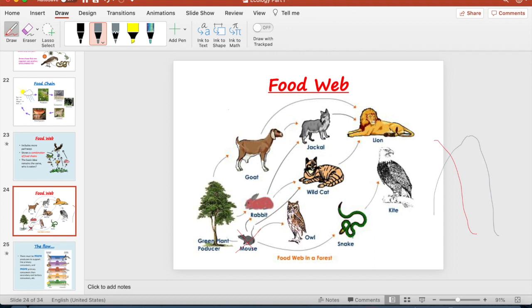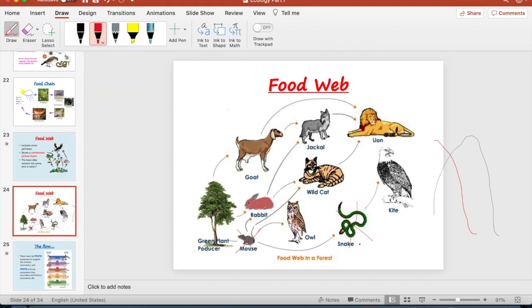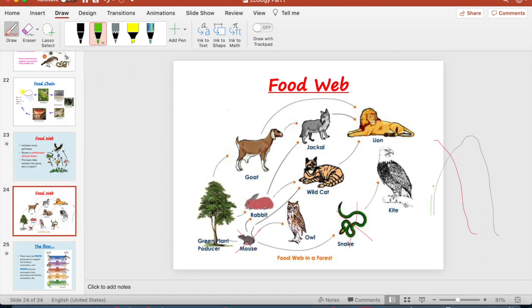Well, now guess what? What else relies on the mice? Snake. So no snake. Let's give the snake green. So just like the owls, they were rising because of a lot of mice, and now they're out. Well, as the snakes start to fall, what's going to happen to the kite?